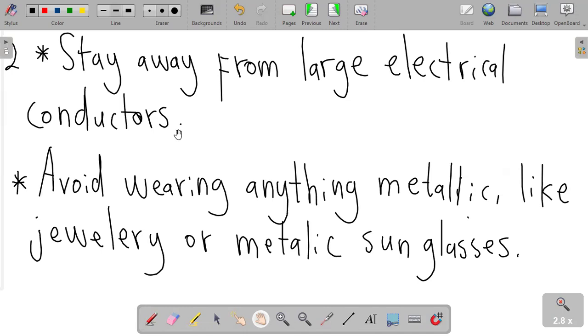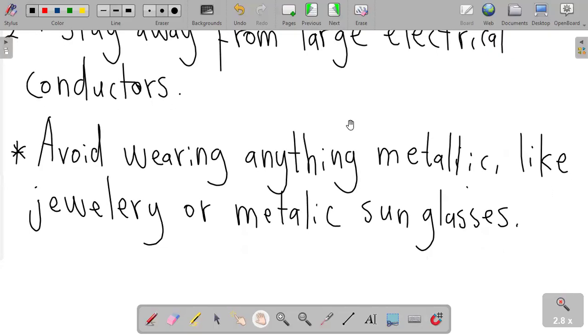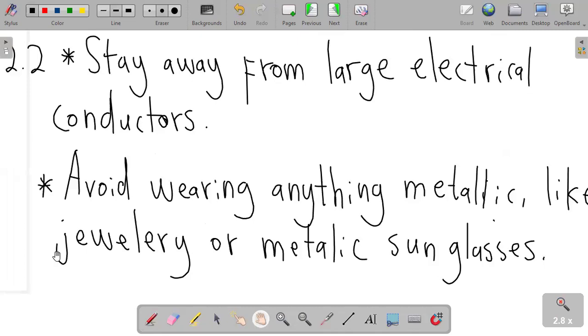So if you are standing next to such large metallic structures, some of the charge may be transferred from the metal into you, and you may be struck by lightning. So avoid wearing anything metallic like jewelry or metallic sunglasses. Jewelry is your necklaces, your gold watches, and those chains around your necks.